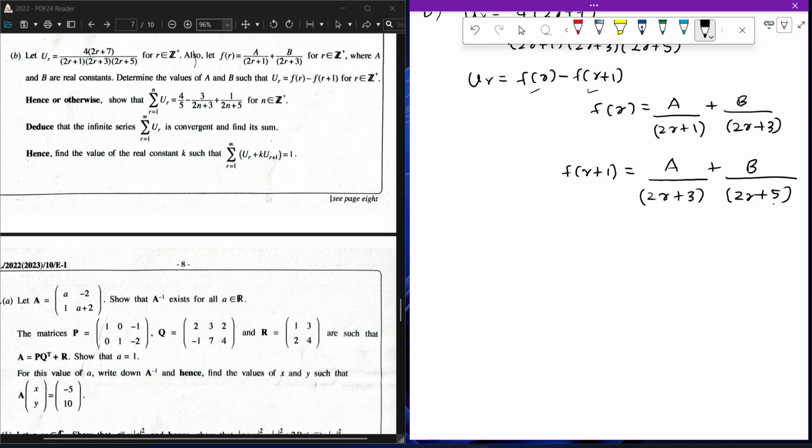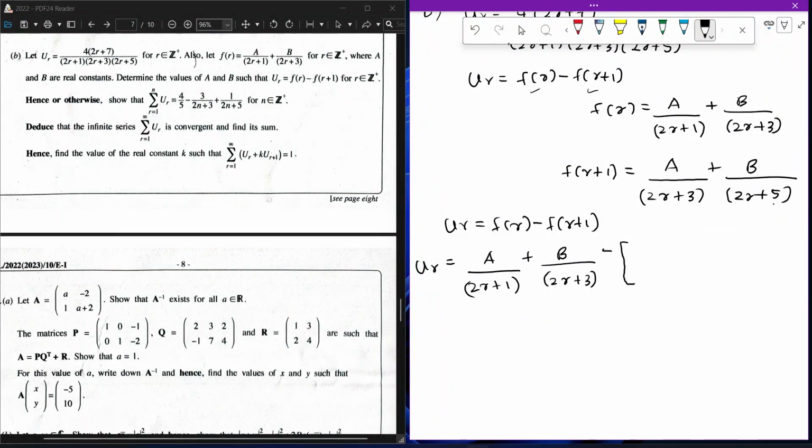So again, better write down u_r equals f_r minus f_(r plus 1). u_r equals a divided by 2r plus 1 plus b over 2r plus 3, minus, open a bracket, because whenever you get a minus, it's a must to open a bracket, otherwise you'll mess up the simplifications.